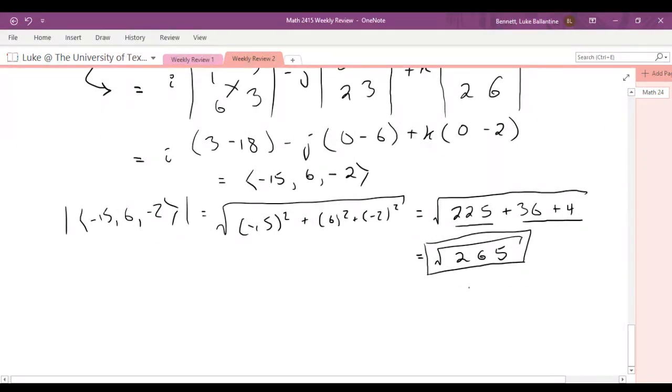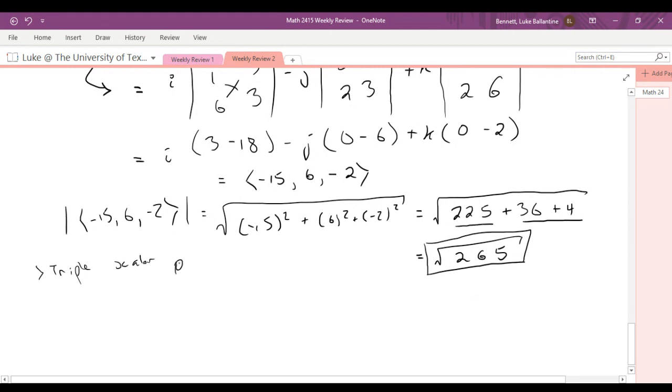Okay. Another application of the cross product is something called the triple scalar product, and it looks like this.